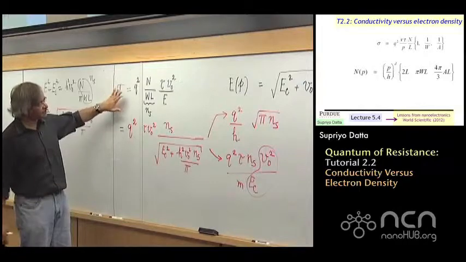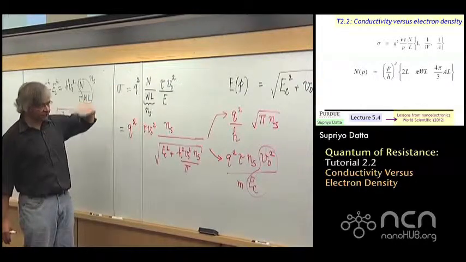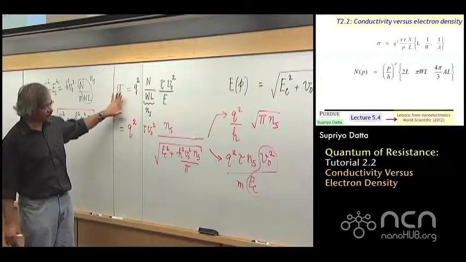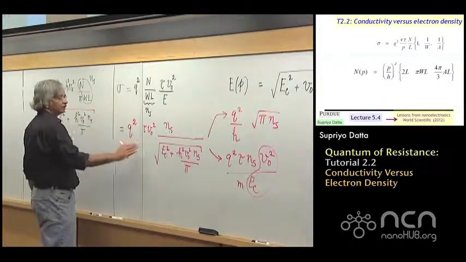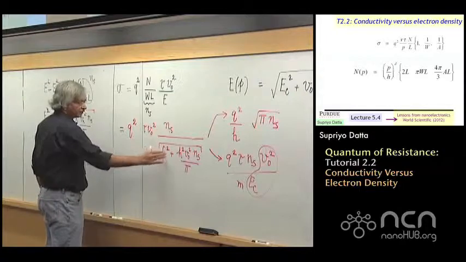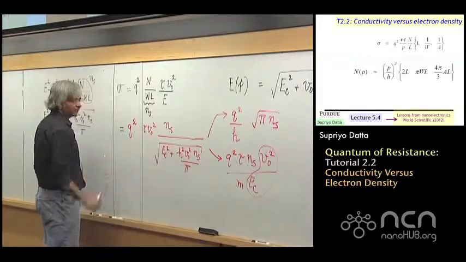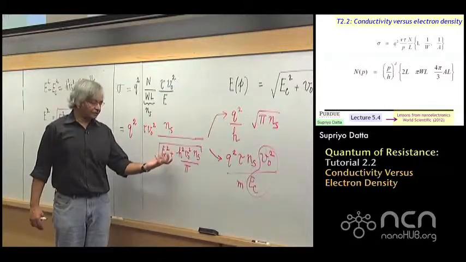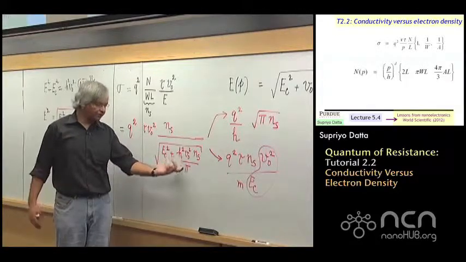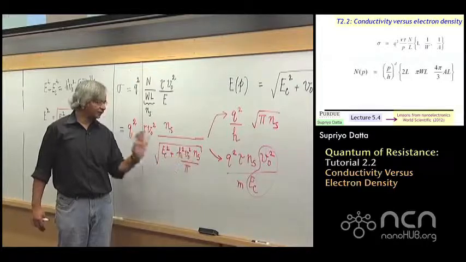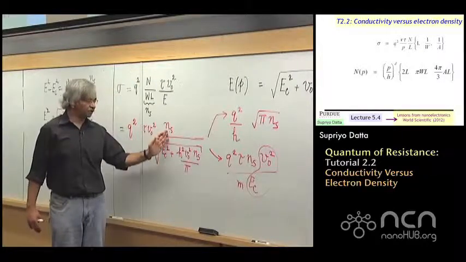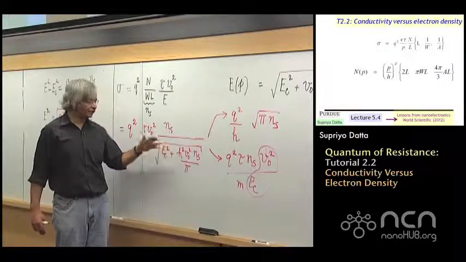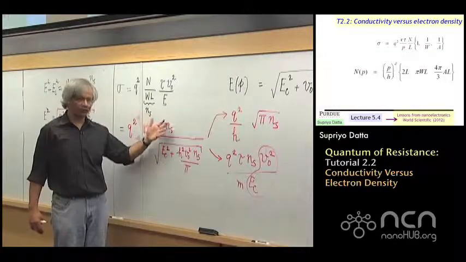But at low temperatures, this quantity evaluated at the chemical potential should give you the conductivity. So conductivity is proportional to Ns divided by square root of Ns plus something. For normal parabolic conductors, you can drop the Ns term under the root, and then you get conductivity proportional to Ns. But for graphene, you can drop the other term, and then you get conductivity proportional to square root of Ns.